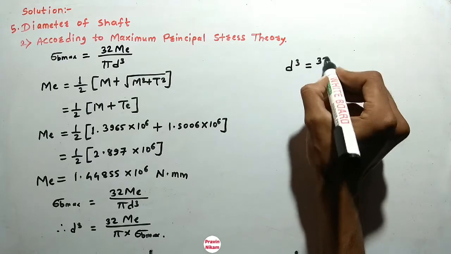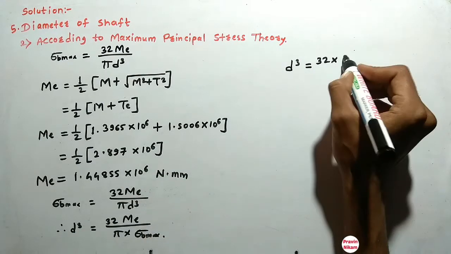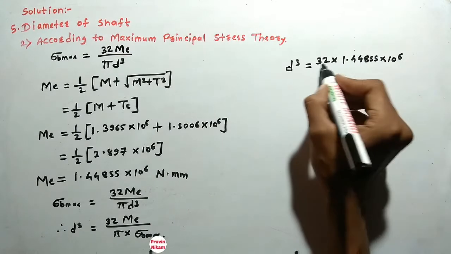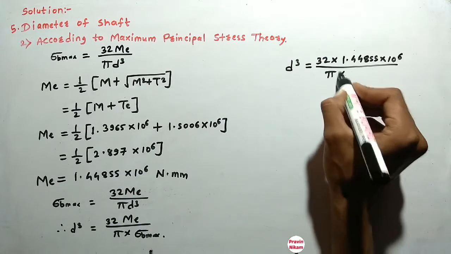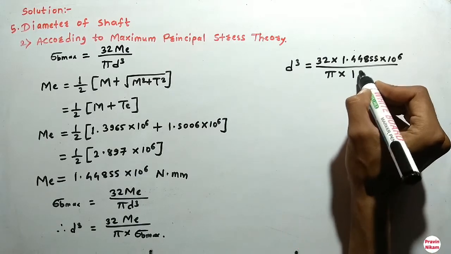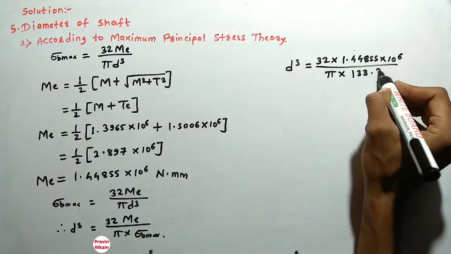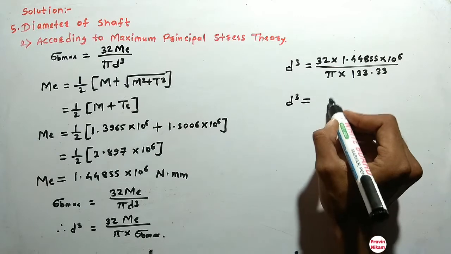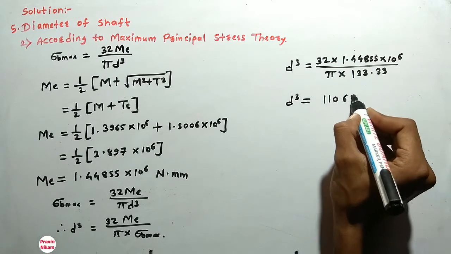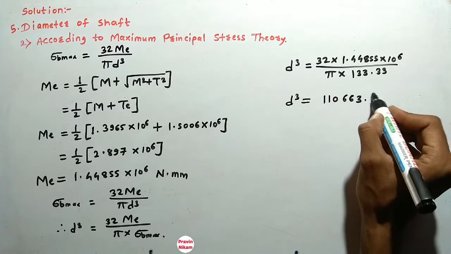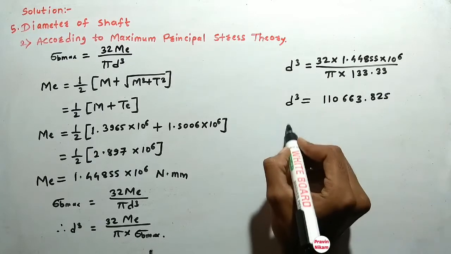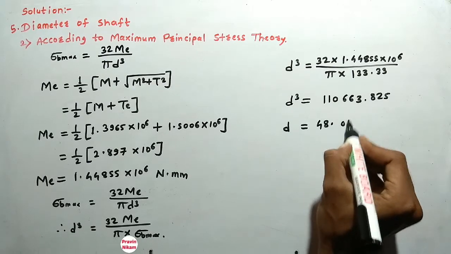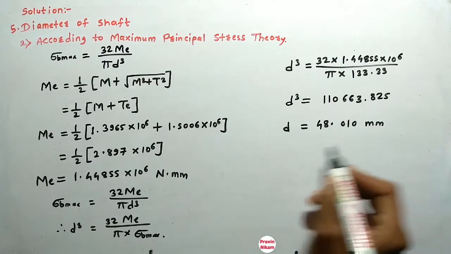So d cube is equal to 32 into 1.44855 into 10 raised to 6 divided by pi into sigma_b max from the first step, 133.33. So the value of d cube becomes 110663.825. So take the cube root of this, you will get 48.010 mm.